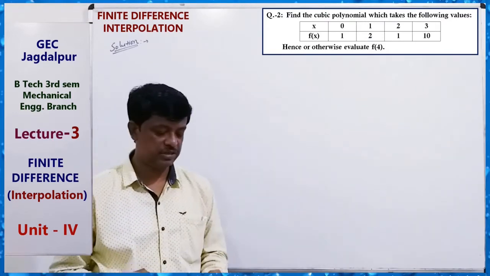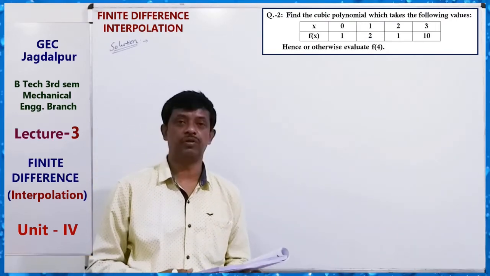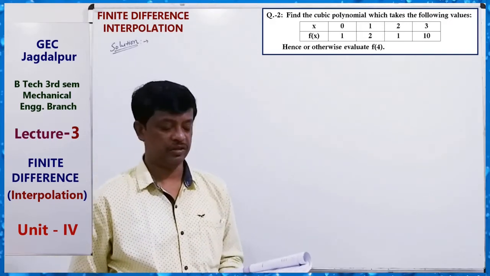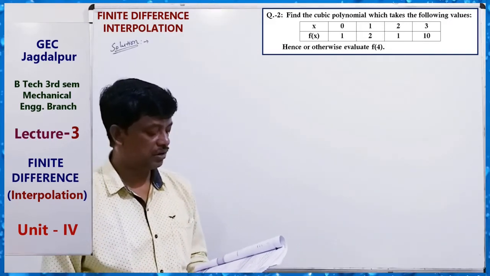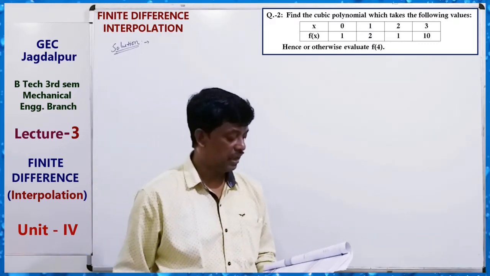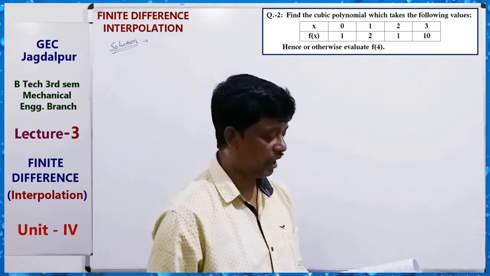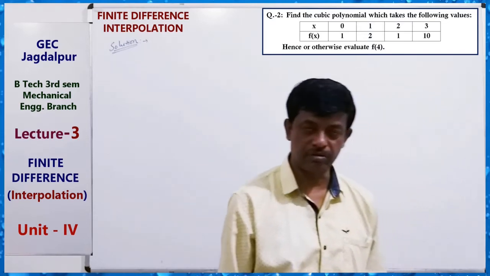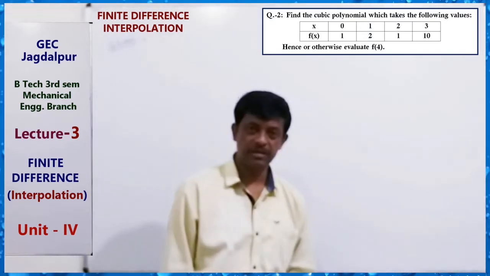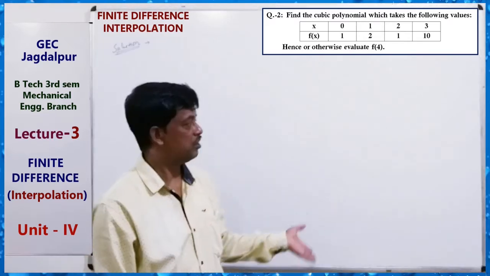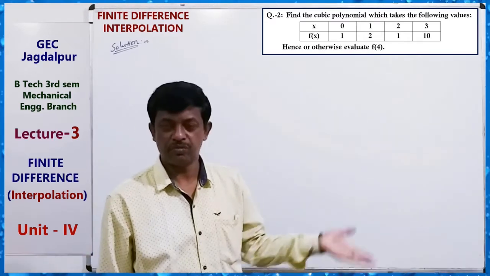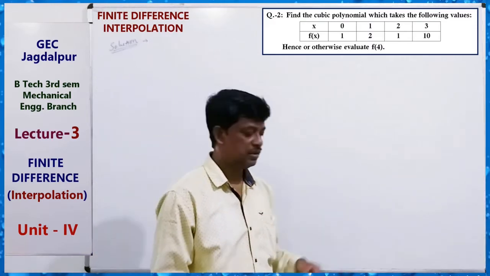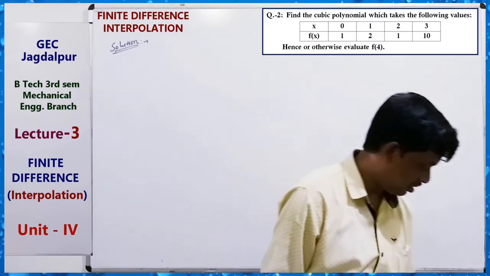Here given values of x are 0, 1, 2, 3 and fx corresponding values are given. Hence and otherwise evaluate f4 is also hence or otherwise. Hence or otherwise means you can use backward interpolation formula also, or by using that polynomial you can get. Just I have told now.